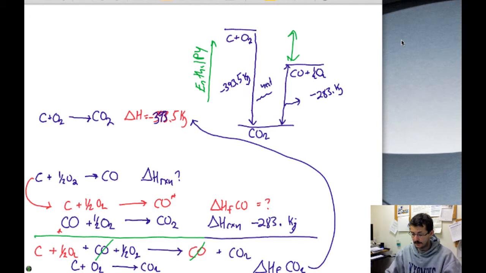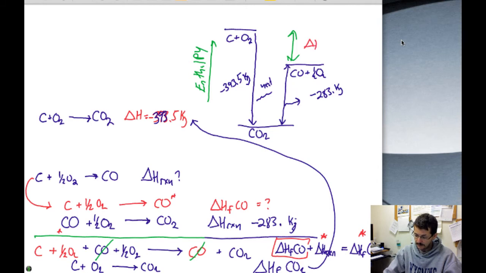The delta H formation of CO, plus the delta H reaction for the combustion of CO in the presence of oxygen, would be equal to the delta H formation of CO2. A known quantity we can measure, leaving us one unknown. So this gap right here would represent the delta H formation of carbon monoxide.